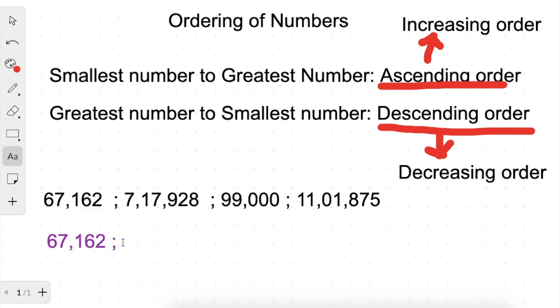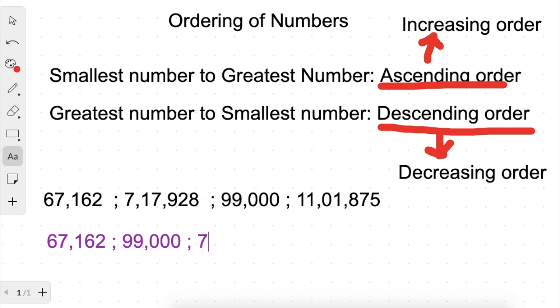After that, the next number is a little more than this number, but not the greatest one. It is 99,000. 99,000 comes after this, so I'll write 99,000 here. After that, the number that should come next is 7,17,928.